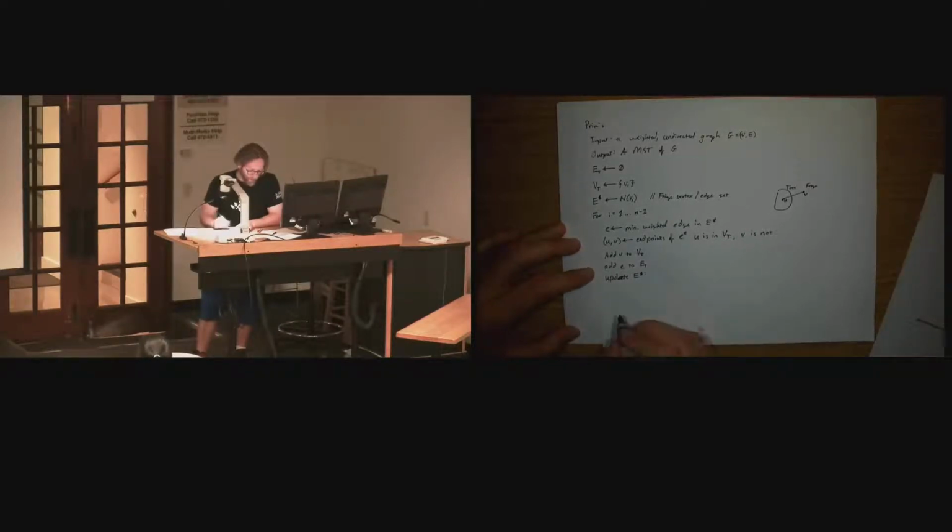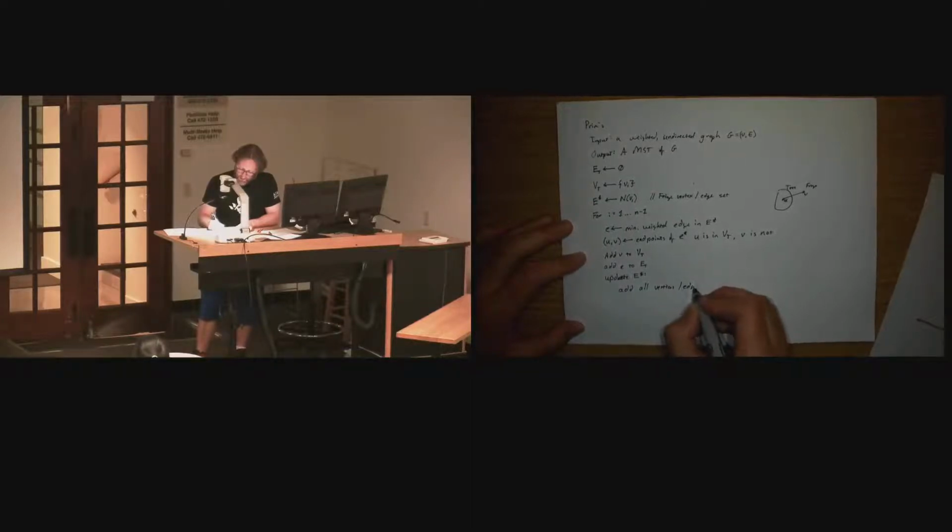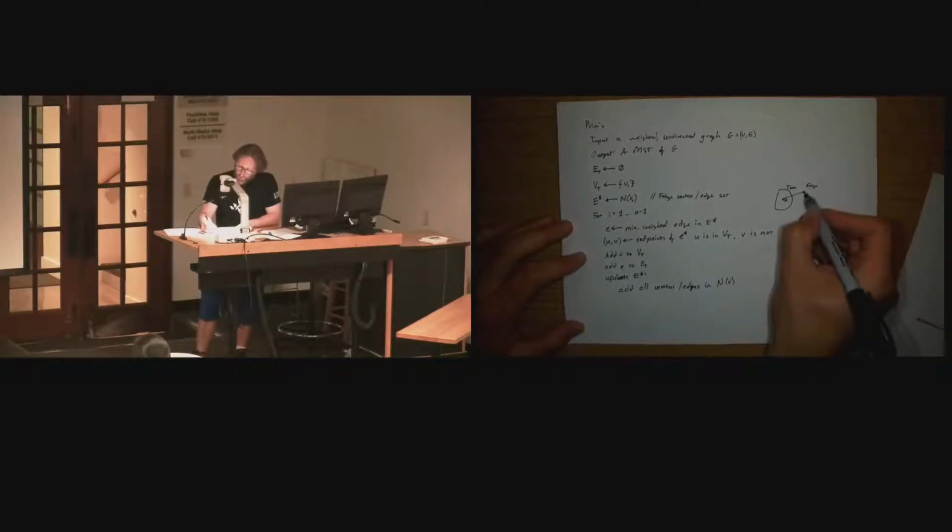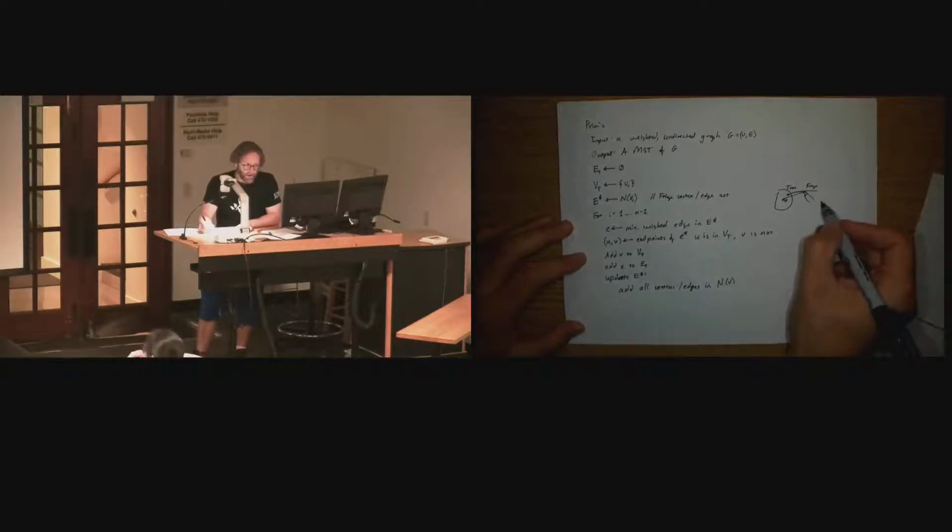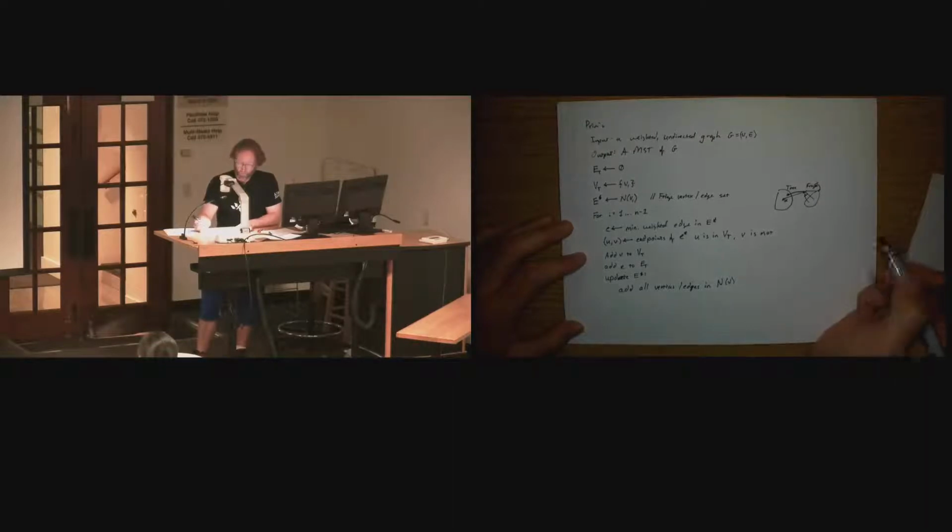The way that we're going to do that is we're going to add all vertices/edges in the neighborhood of V, right? Because we pulled this fringe vertex into the tree, anything that is connected to it is now part of the fringe if it wasn't already, okay?